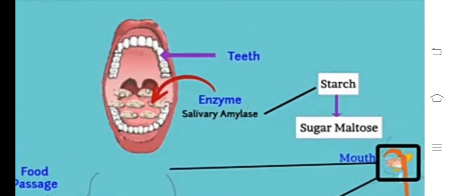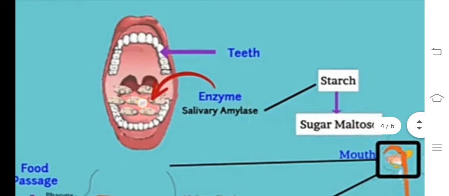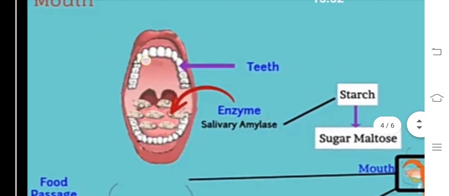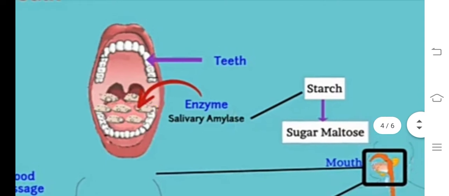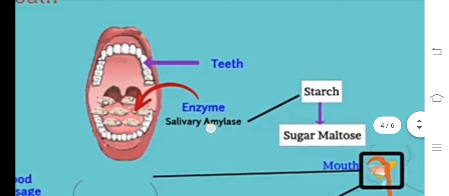Mouth refers to the buccal cavity. In the mouth, digestion happens through three important organs: tongue, teeth, and saliva. Which are the organs involved in mouth digestion, children? Tongue, teeth, saliva.